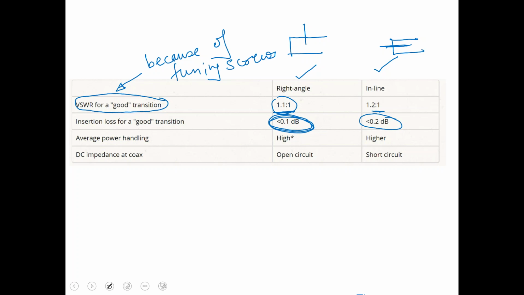The place where inline is slightly more advantageous than right angle is that inline can handle a lot more incident power as opposed to the 90-degree turn. Simply, in the inline, there's not much power being reflected back at you.